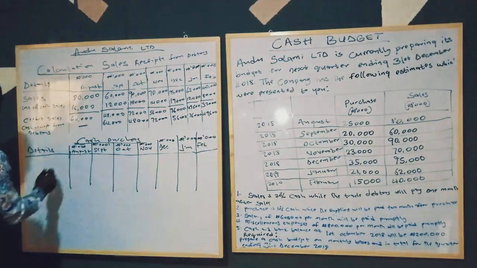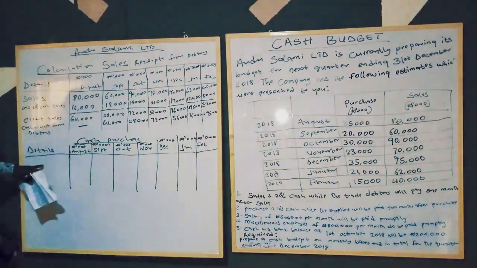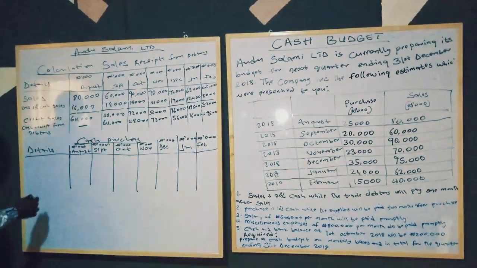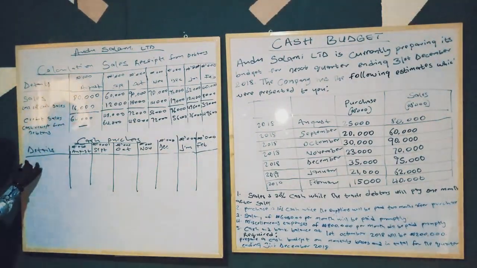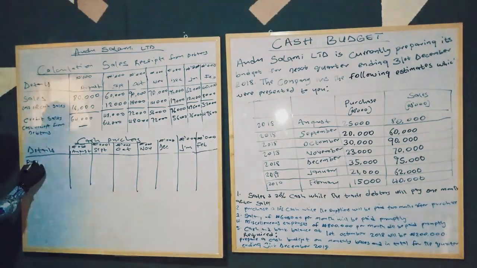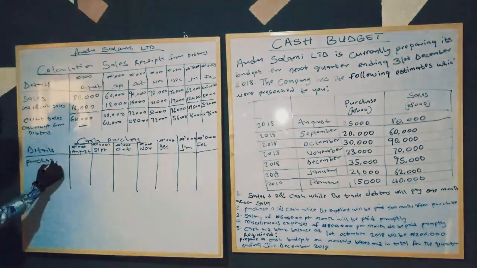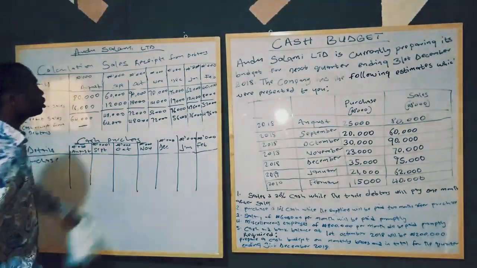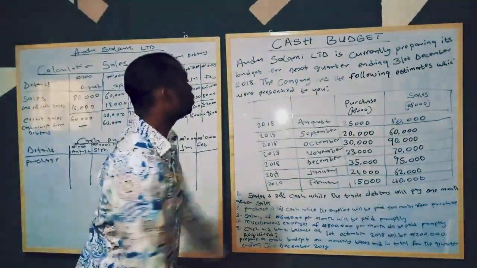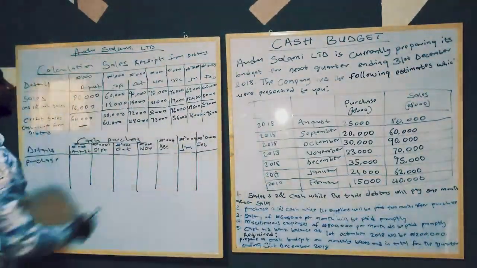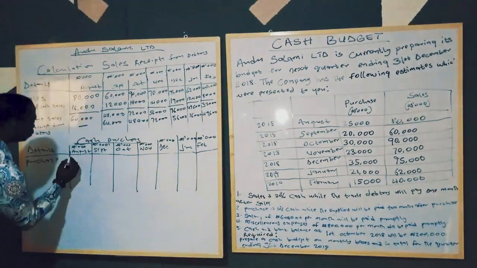So from our details, we have purchase. Then we put our total purchase for each month, just like the way we did here. Here we have 25 million, which is 25,000.